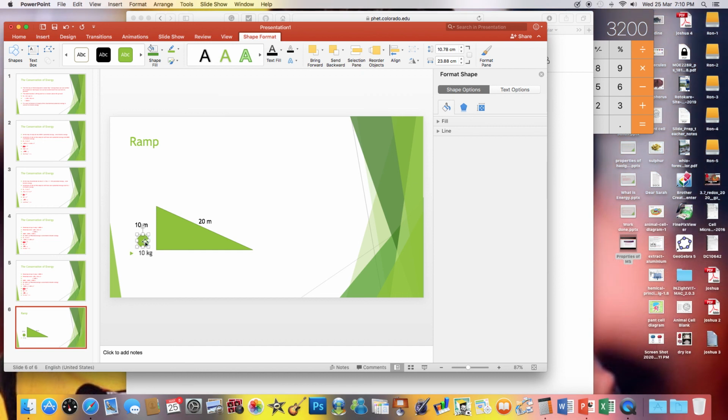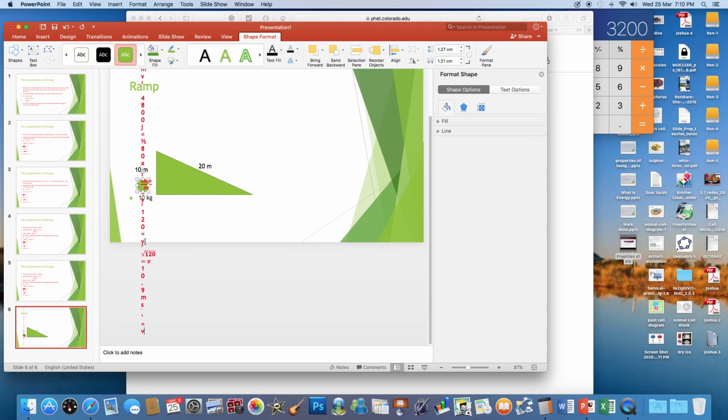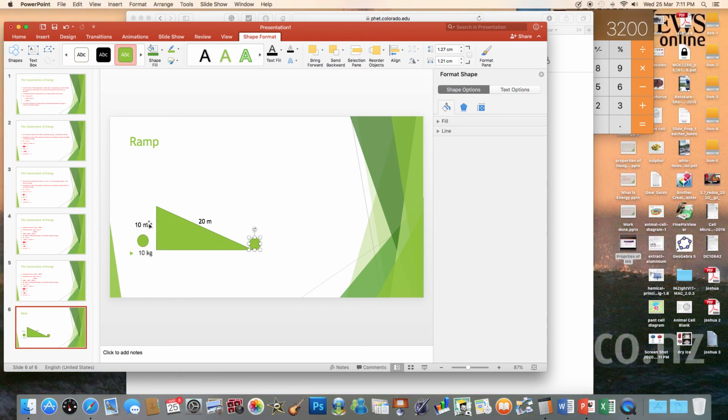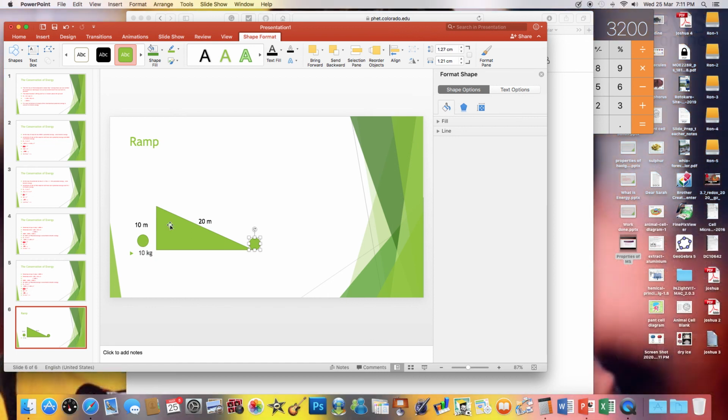So we can have that 10 kg ball, and we can either push it up the ramp or we can lift it up the ramp. The interesting thing here is that the gain in potential energy is the same in both cases.